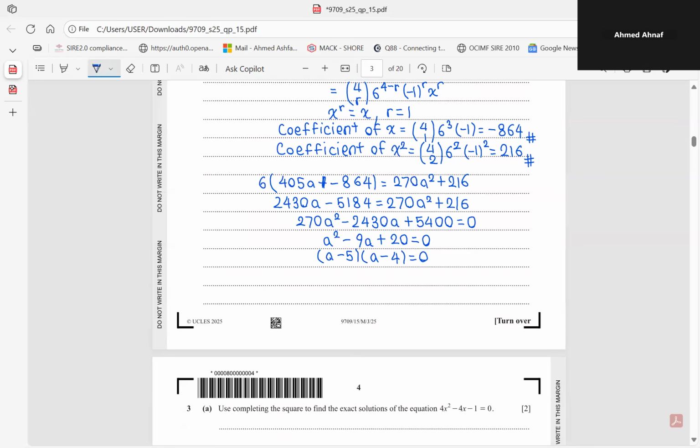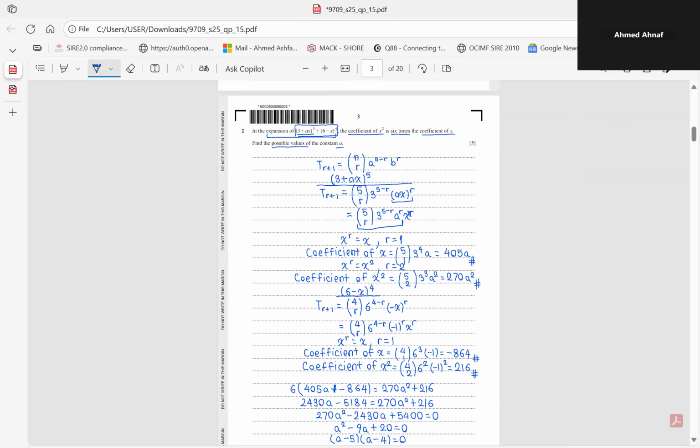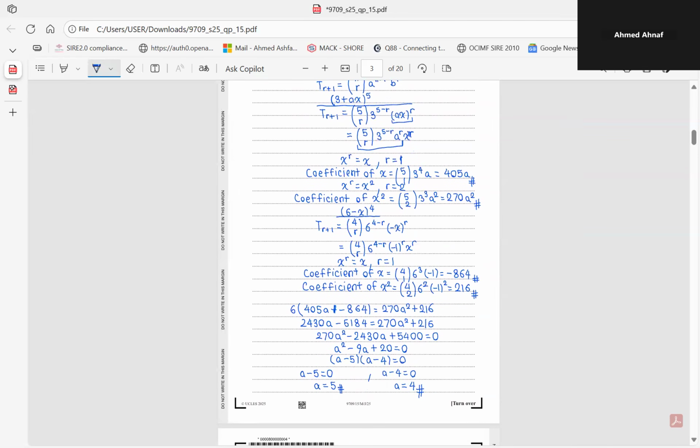Now we can equate each of these factors to 0. So a minus 5 equals to 0, we'll get a equals to 5. And equating a minus 4 to 0, you'll get a equals to 4. So these two are final answers for this question.